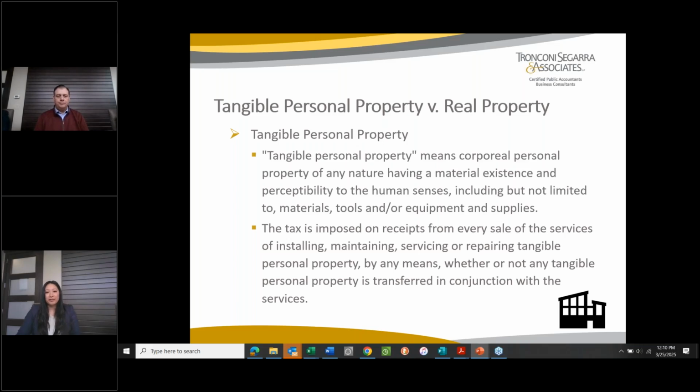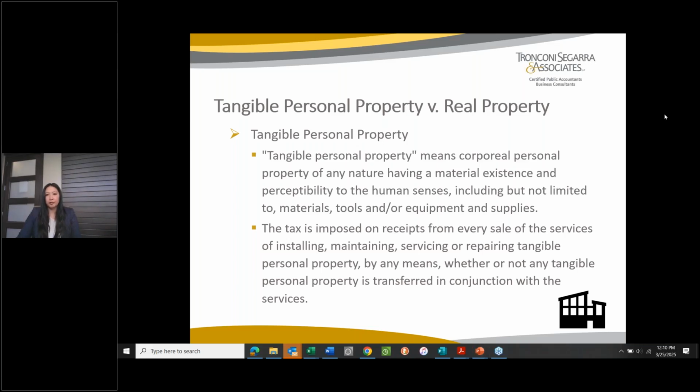So now that we have defined contractors and briefly touched on general rules for when contractors should be charging tax, the next step is to differentiate between what is tangible personal property versus real property. And the reason is because there are different rules for each.